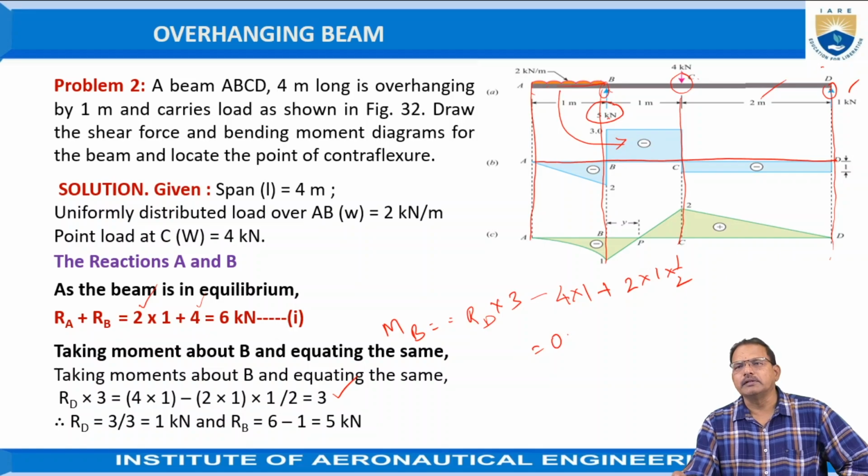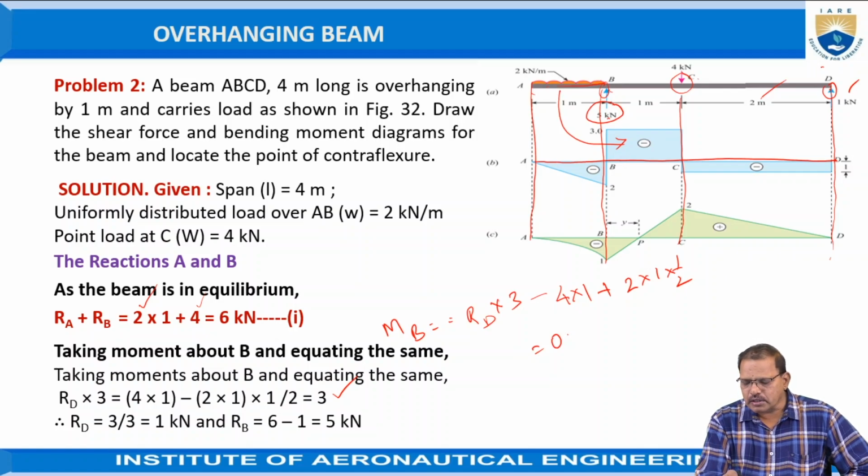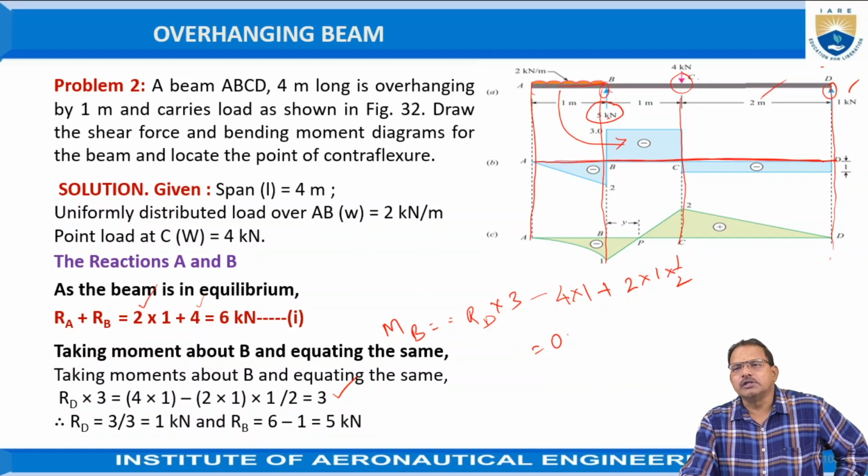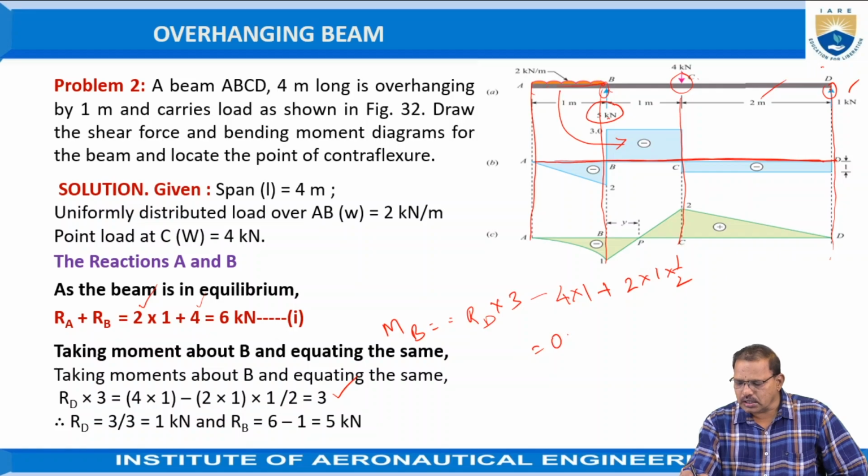Now, after determining the reactions, draw the shear force diagram. We have already drawn the lines with respect to the point D. The shear force which is acting toward the right side in upward direction is treated as negative. Hence, draw the vertical lines in downward direction by selecting a suitable scale.